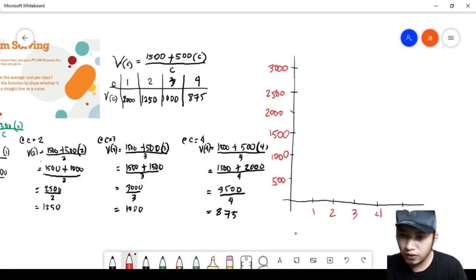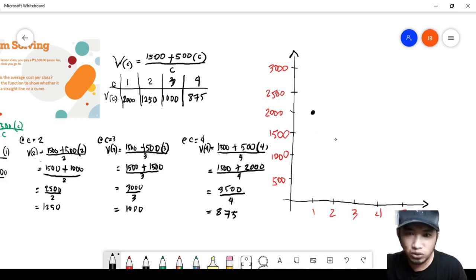Ayan. Continuous tong line na to, ha. Alright. So let's graph. At 1 is 1. Okay. Meron tayong 2,000. So, ito siya. Yan yung first plot.